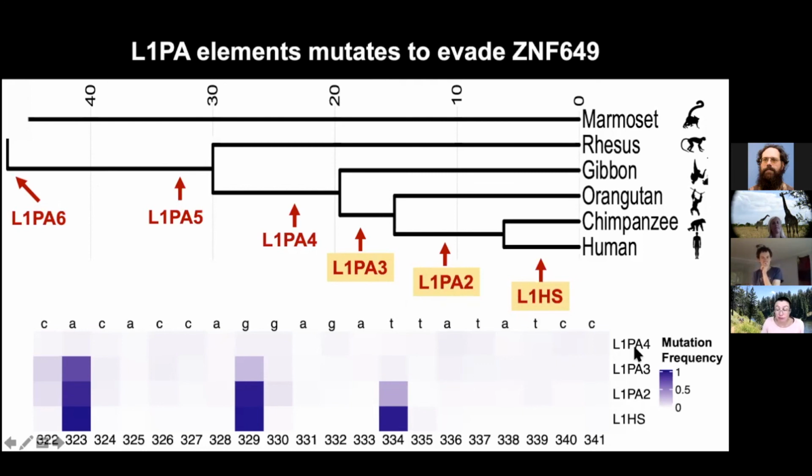And so if you look, starting with the L1PA4 element that I showed you is effectively repressed by ZNF649, you can see that as you go from L1PA3 to L1PA2 to L1HS, you accumulate these mutations in the consensus binding site. And this binding pattern suggests escape from ZNF649 evolution.